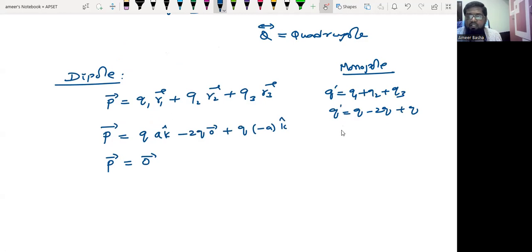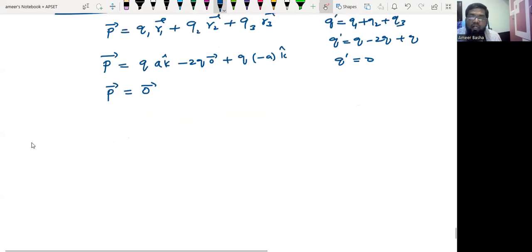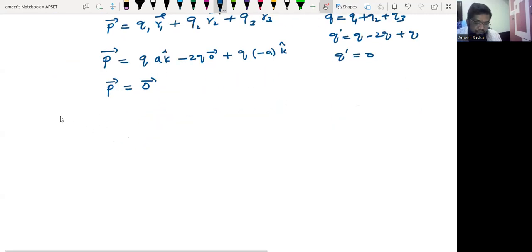The charge, that is the monopole contribution, is also coming 0. So there is no monopole contribution and there is no dipole contribution. Again, we should expect here the only contribution will be the quadrupole. Quadrupole contribution only will come.